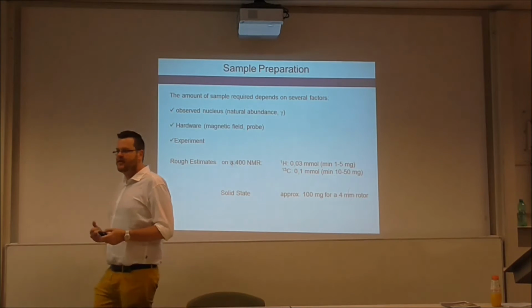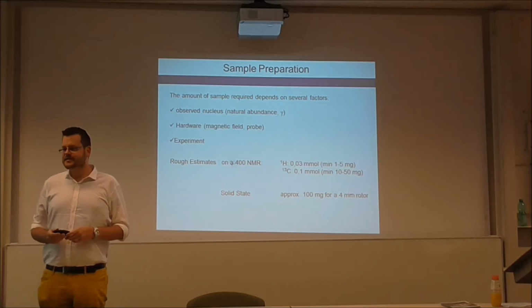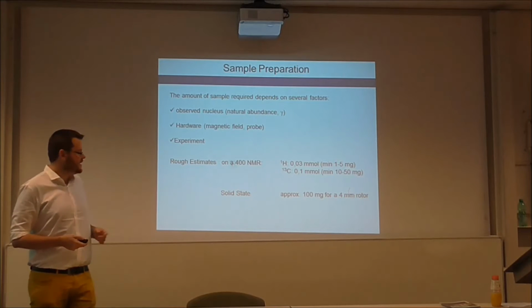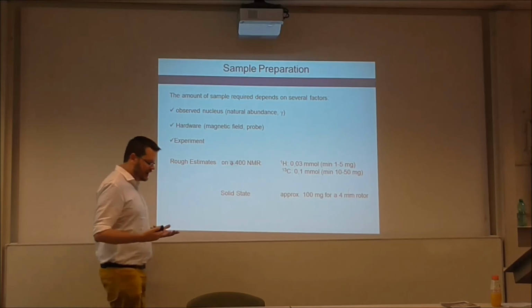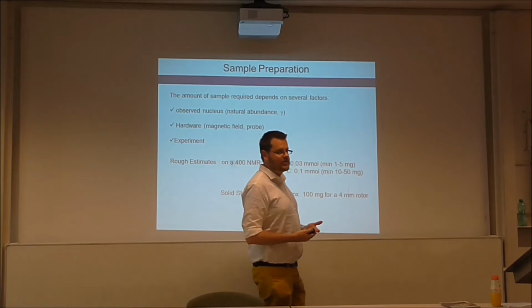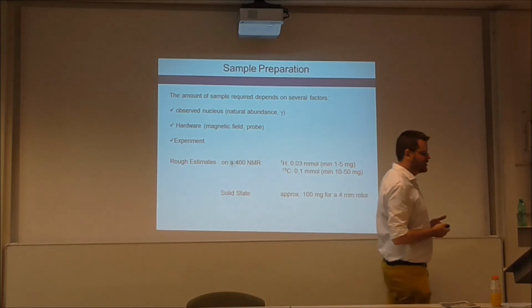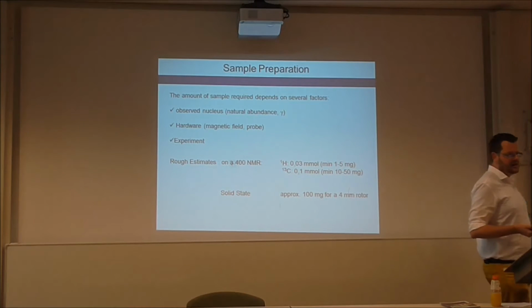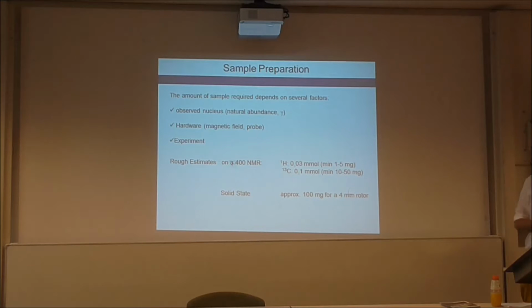And sometimes this is very important, because what you see in solution is different to what you see in the solid state. It's a very useful technique. You can do solid state NMR spectroscopy with a range of different nuclei, silicon, phosphorus, 1H, etc.